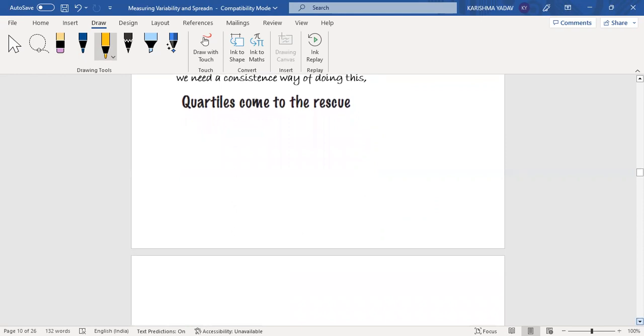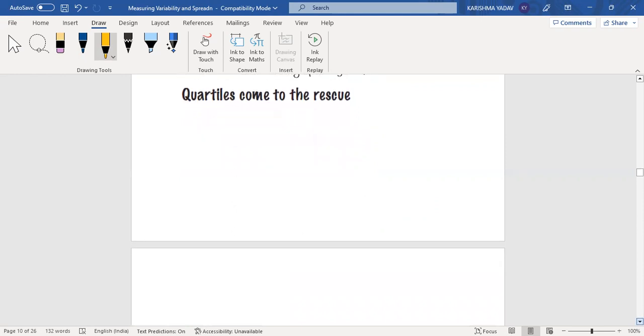Now one way of constructing a mini range is to just use values around the center of the data, through which we can construct the mini range.